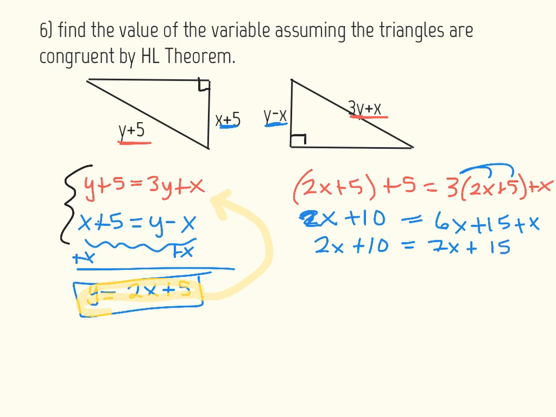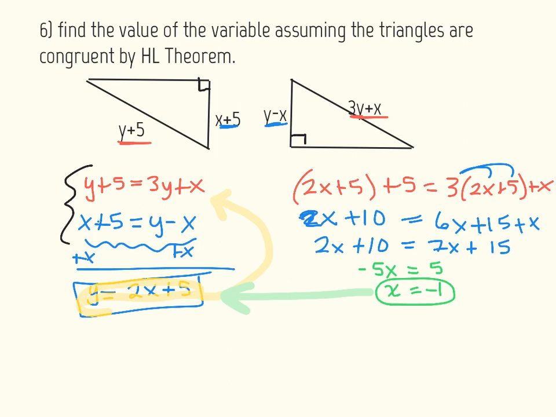Okay, so I subtract the 10 over and subtract the 7x over. That's going to give me negative 5x equals 5. So x equals negative 1. Okay, so now once I find x, I can take that and put that in for my y.